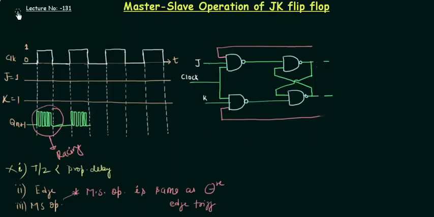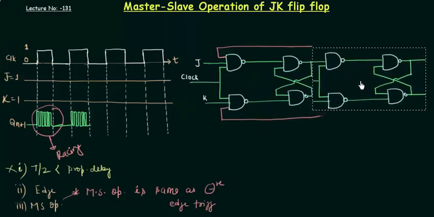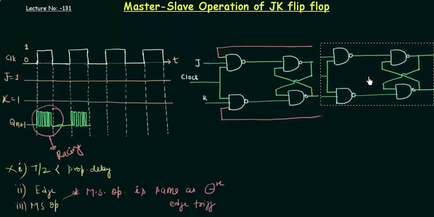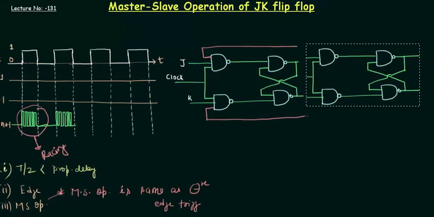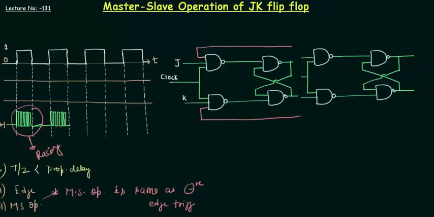Okay, now the feedback is removed and we have to add one more stage. I have already copied it down. Let me paste it. This is our one more stage. Now let us connect the output to the input of the second stage like this.